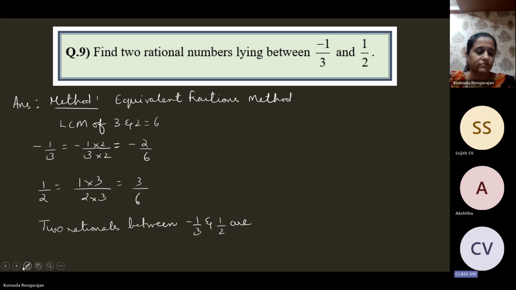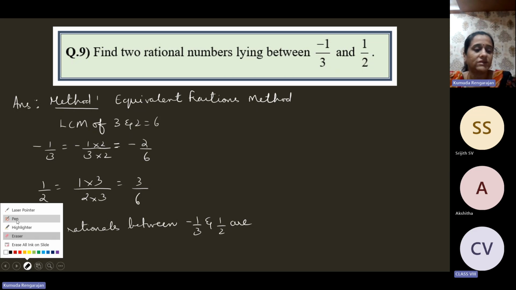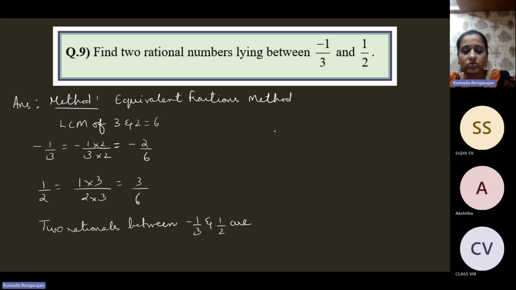Minus 2/6 and 3/6, ma'am. No. See, 1 minute, I'll tell you. Minus 1/3 is also equal to minus 2/6. 1/2 is also equal to 3/6.